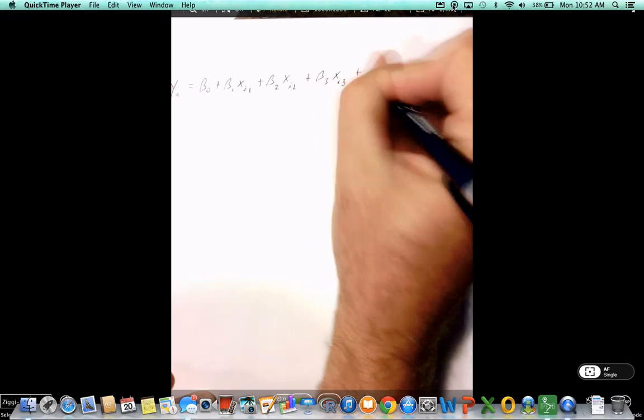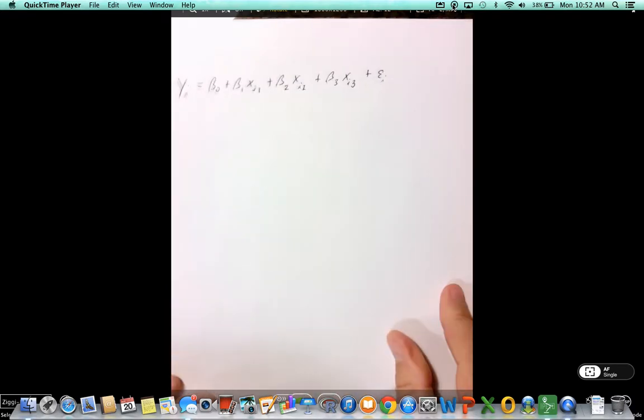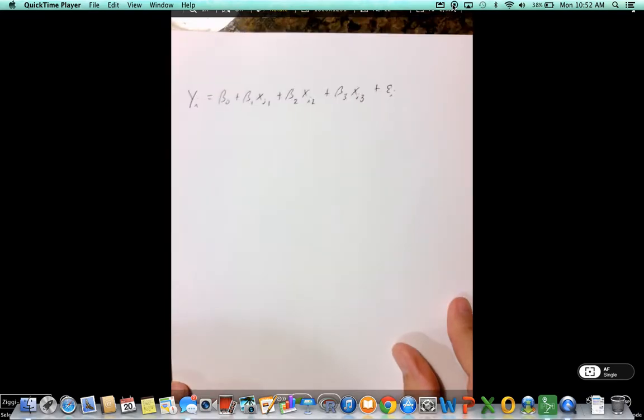One thing about this way, you guys get to see my hand a lot, don't you? So let's take a look at the 3 predictor model.